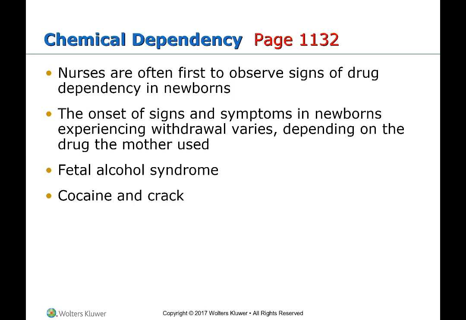A lot of people don't want to do this. So by having a trusting relationship and approaching the mother in a non-judgmental way, they need to get information about these drugs.